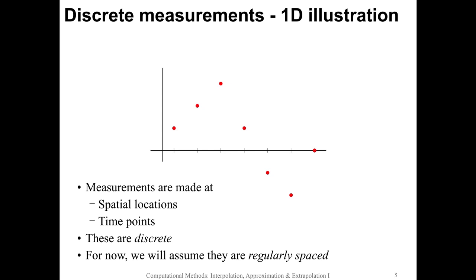We can make measurements at these discrete points, and those measurements are all indicated by the height of the red dots there. For the time being, we'll assume that these locations where we're making the measurements, or these time points, are regularly spaced, either in space or in time. And the locations are sometimes called knot points, so I might use the word knot points to describe these points at which we're doing the sampling.